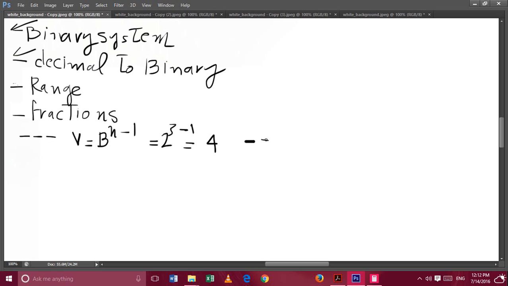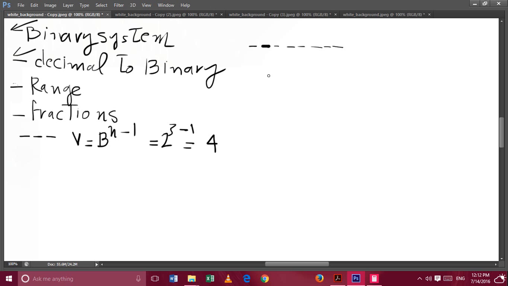So, if we have 8 places, 1, 2, 3, 4, 5, 6, 7, 8, what is the maximum number that this 8 bits binary system can represent?